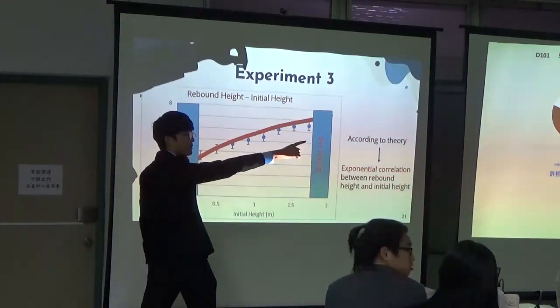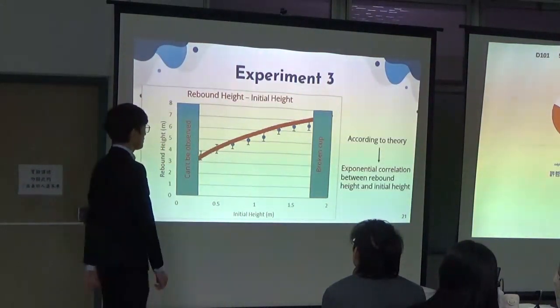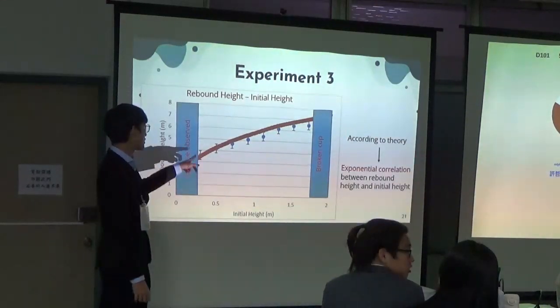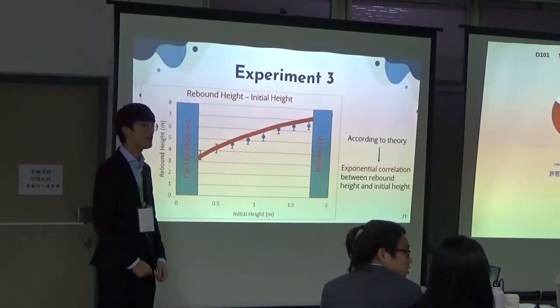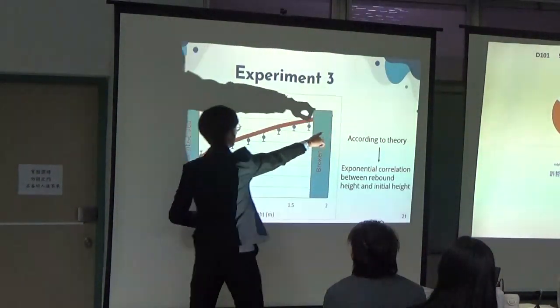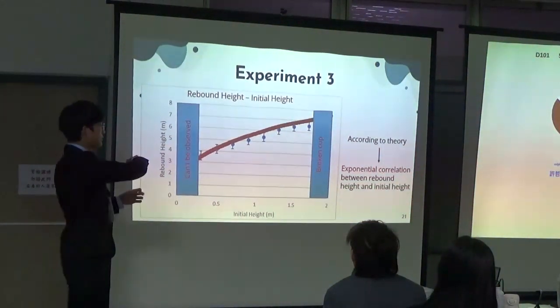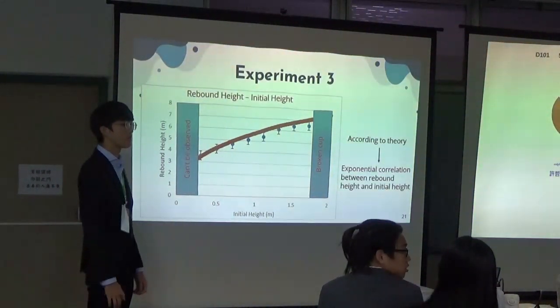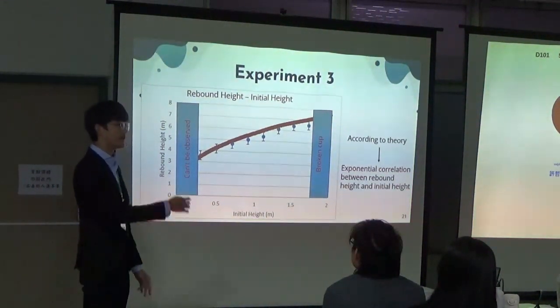No, this is what you measured, right? Yes, and this line is from our theory. This orange line is from our theory. I got it. So there will be a maximum value that the height cannot reach. So the orange line is a simulation from your theory. Yes, from that equation.